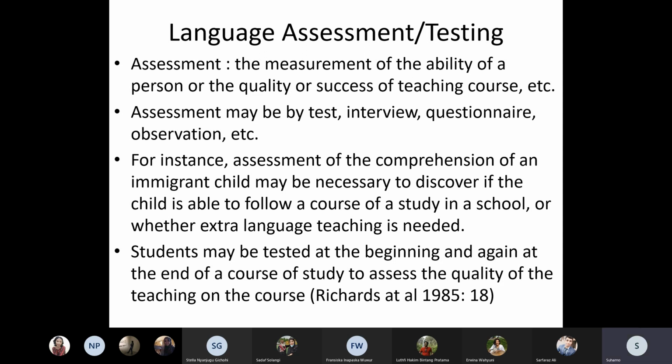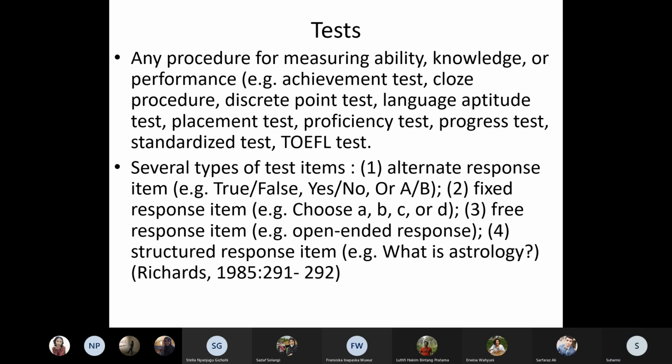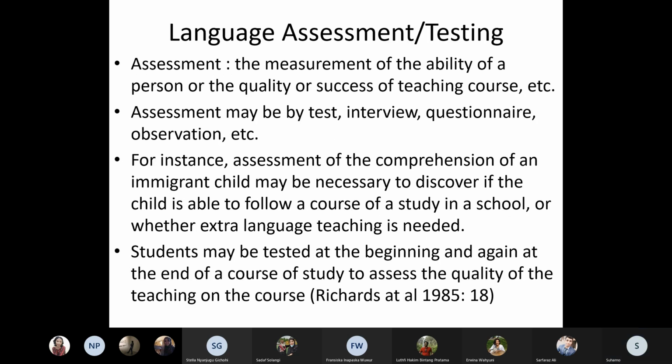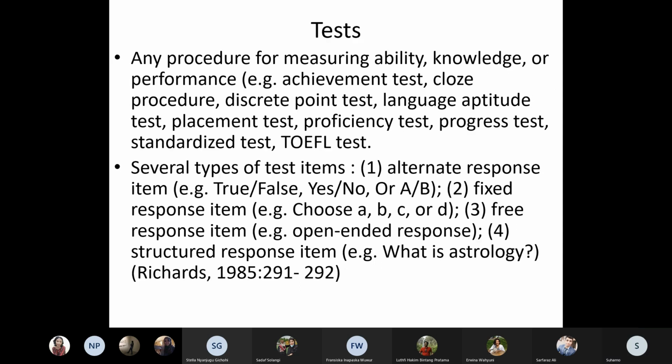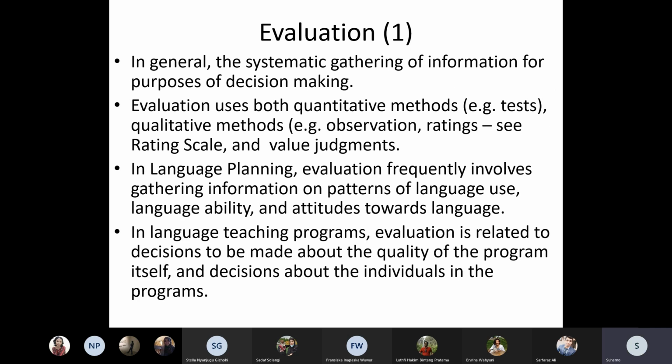And then you could see the test: any procedures for measuring ability, knowledge, and so on. Let's see, this is evaluation. In general, it is the systematic gathering of information for purposes of decision making.